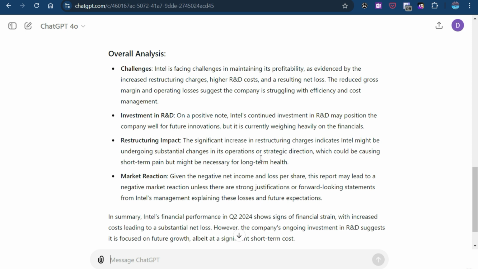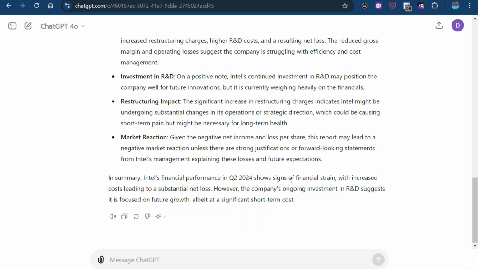And then market reaction: given the negative net income and loss per share, this report may lead to a negative market reaction unless there are strong justifications or forward-looking statements. In summary, it shows significant financial strain with increased costs related to a substantial net loss. However, the company's ongoing investments in R&D suggest it's focused on future growth, albeit at a significant short-term cost.